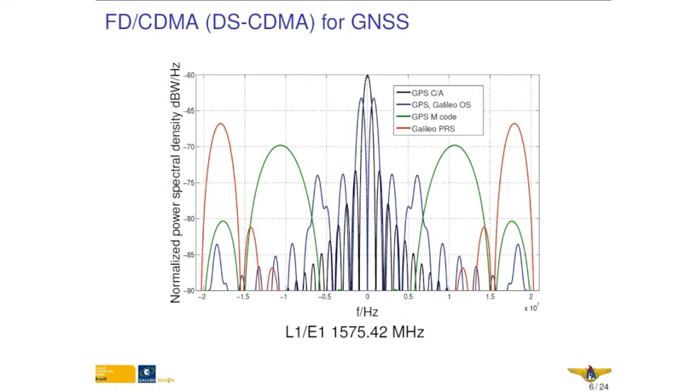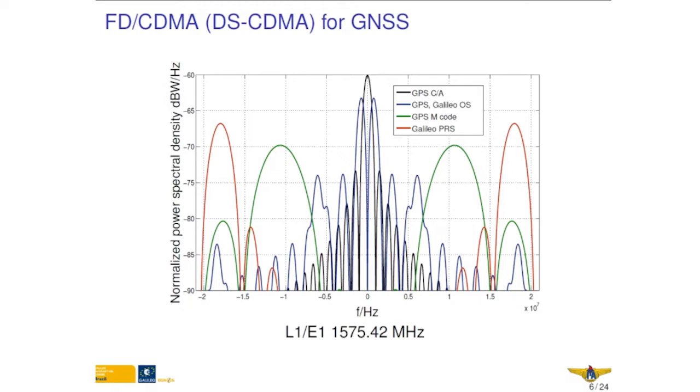And you can already see here the spectrally separated signals. So the military signals and the Public Regulated Service are spectrally separated. Even the GPS C/A code is spectrally separated from the modernized GPS and Galileo Open Service.